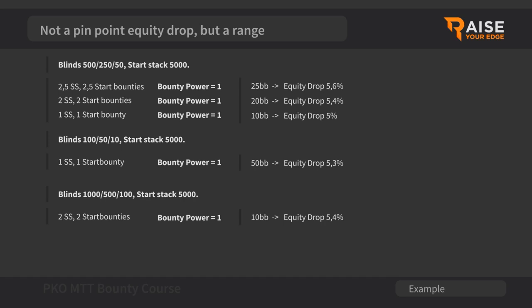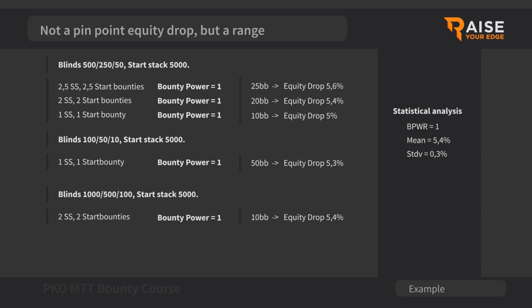So what you can see is that we are getting different equity drop percentages based on the blind size and based on the stack size, but we always have the same bounty power. Now you have a bunch of equity drop numbers for the same bounty power stat. If you take more and more situations into consideration, with even more different blind sizes and bounty to starting stack ratios, then you can do a statistical analysis.